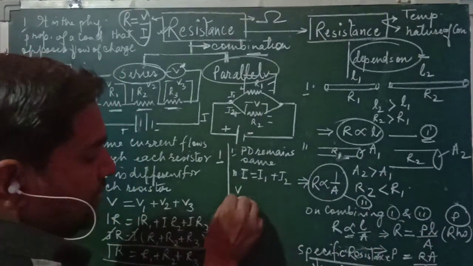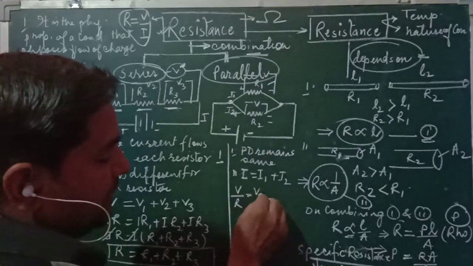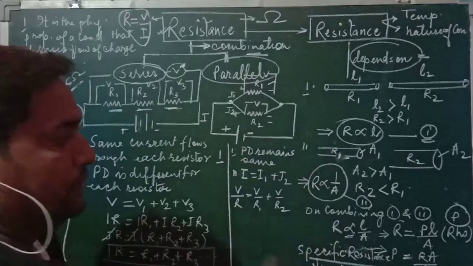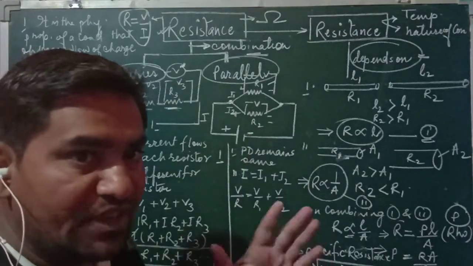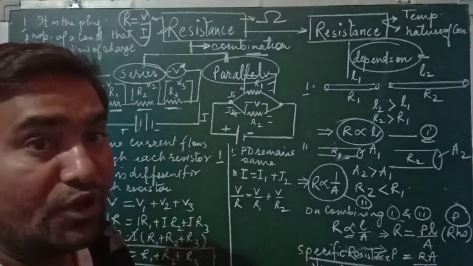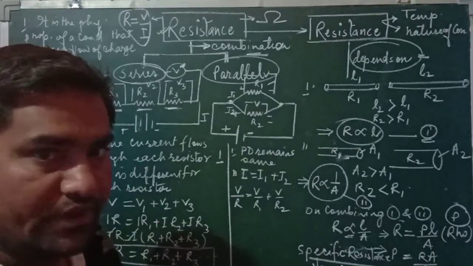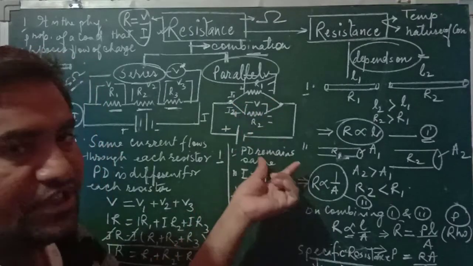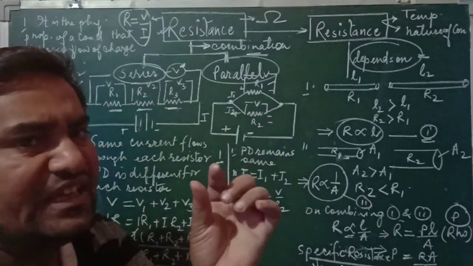So I equals V by R, so here V by R1 plus V by R2. Remember, I am giving you only a shortcut way to revise the chapter. I am not giving you more explanation. I have not written anything of the explanation, only the main key points.